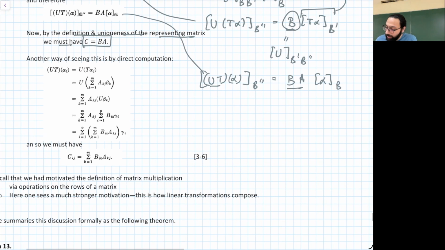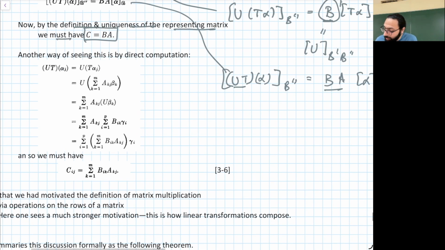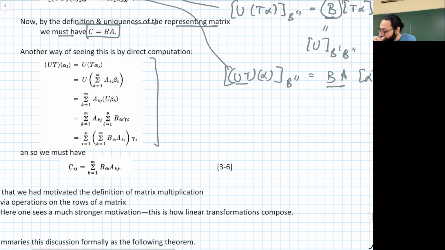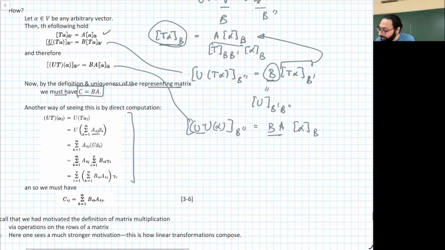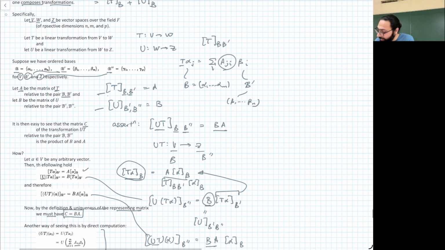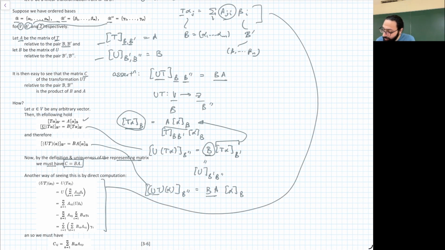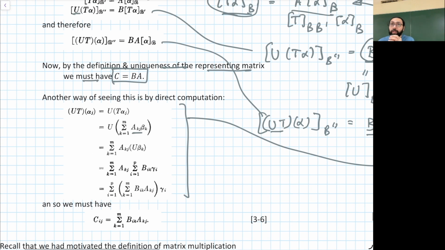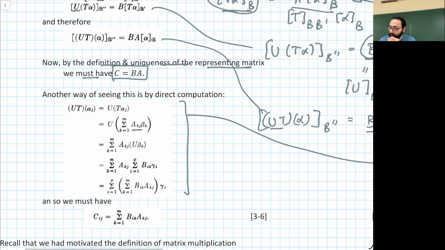Another way of seeing this is by direct computation. This I will leave as an exercise. You can directly apply the definition that I found here, apply it repeatedly, and you will get the final form.